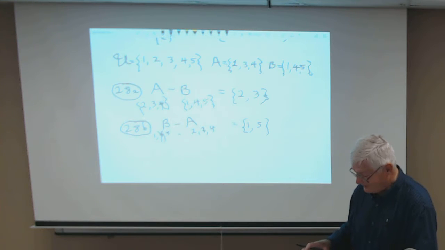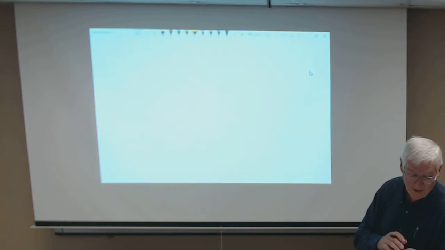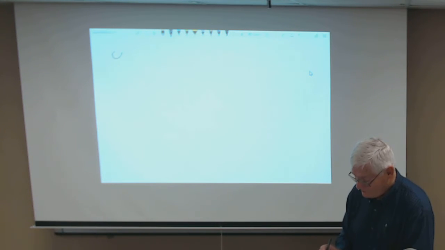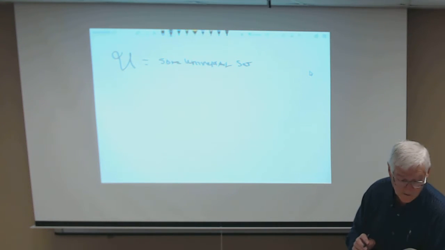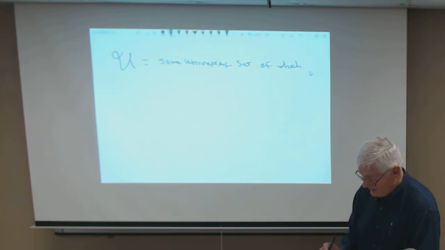All right. Now we're going to get really philosophical here. In problems 29 to 38, U is some universal set of which A is a subset.